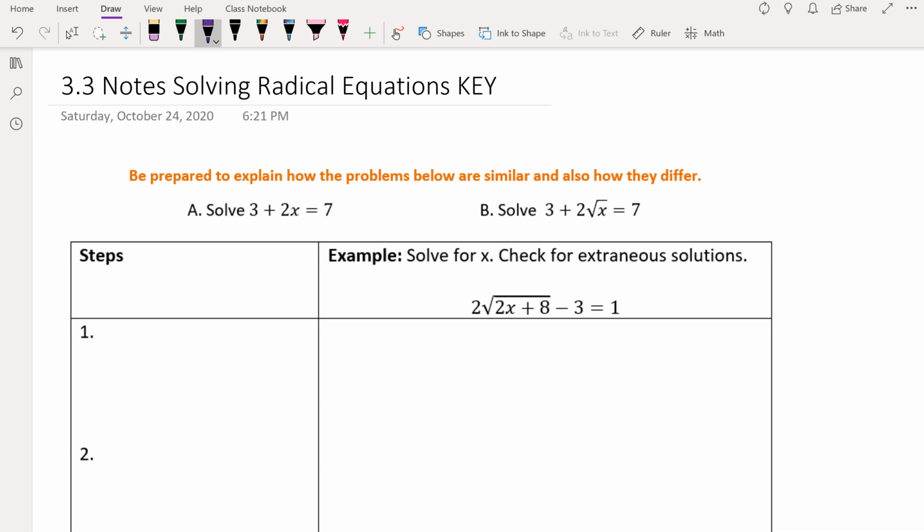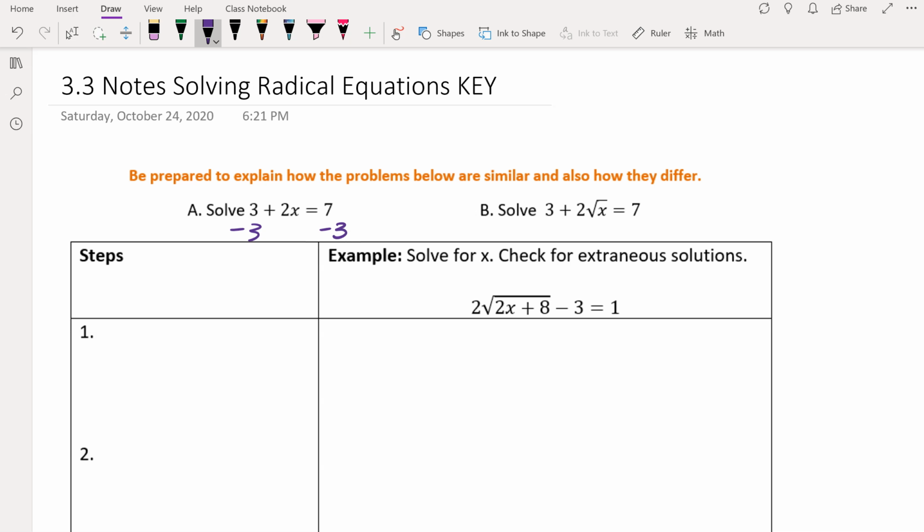So for example, what would the first step be to isolate this x in this problem? Well, when you're isolating x, you should always start furthest away from x. So what number is furthest away from x? This 3. So we need to remove that. The 3 is adding, so we're going to do inverse operations. Subtract 3, subtract 3.